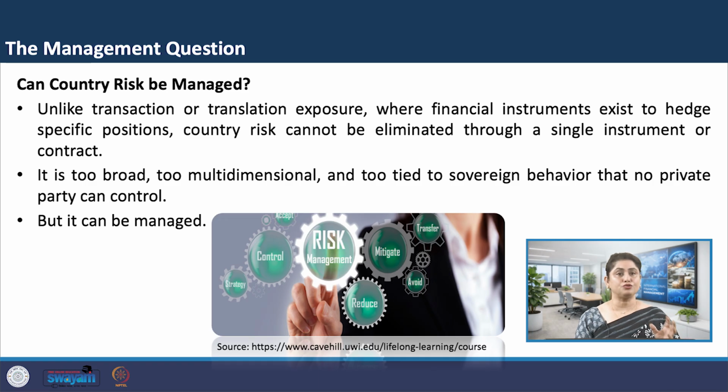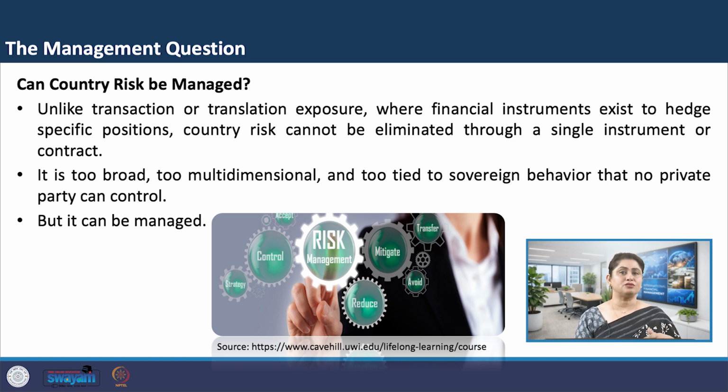Country risk is too broad. It is too multidimensional. It encompasses political decisions, regulatory actions, social instability, and economic policy, all of which are ultimately expressions of sovereign behavior. But while country risk cannot be eliminated, it can very meaningfully be managed.